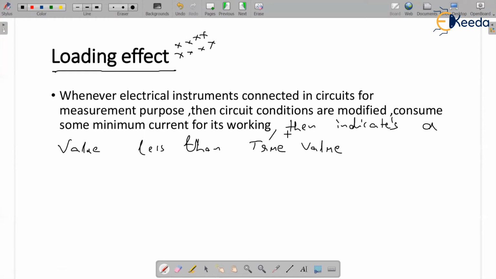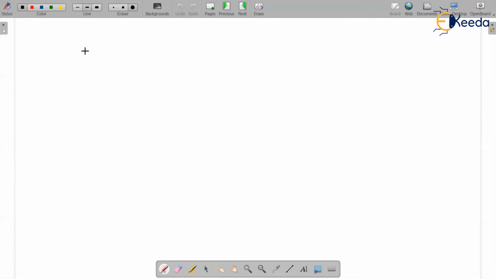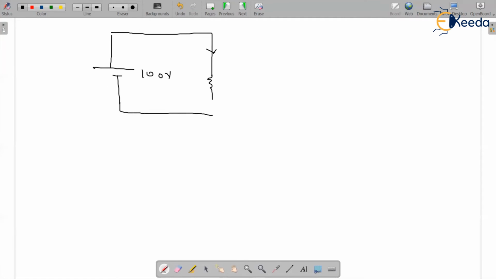I will give an example. Take 100 volts with a resistance of 25 ohms.